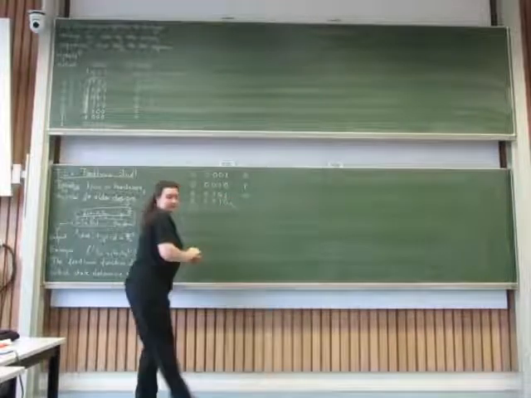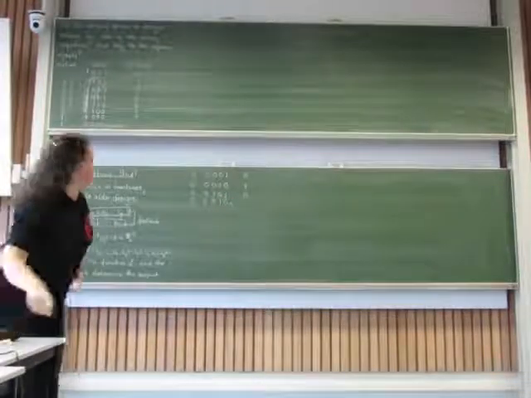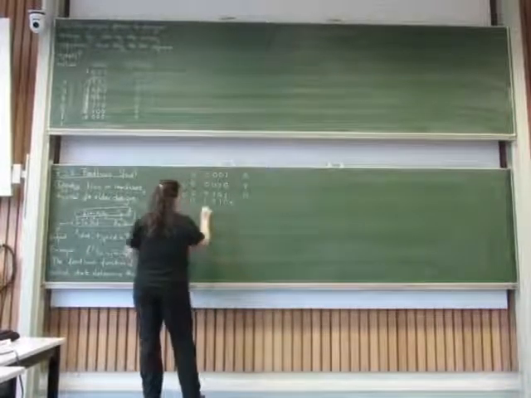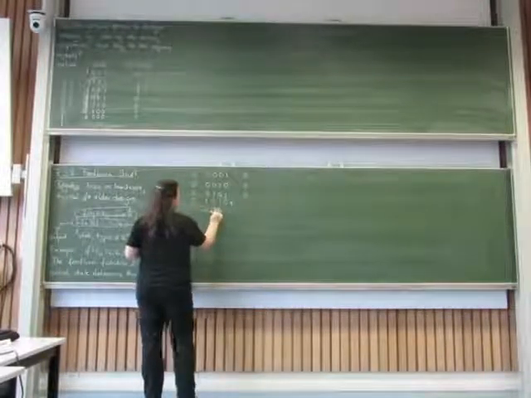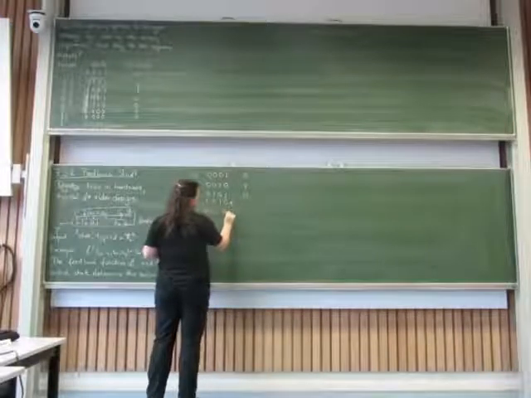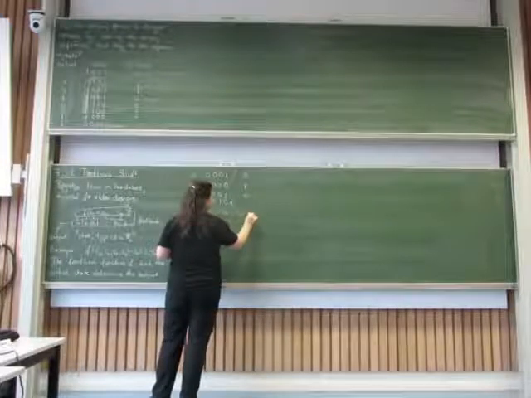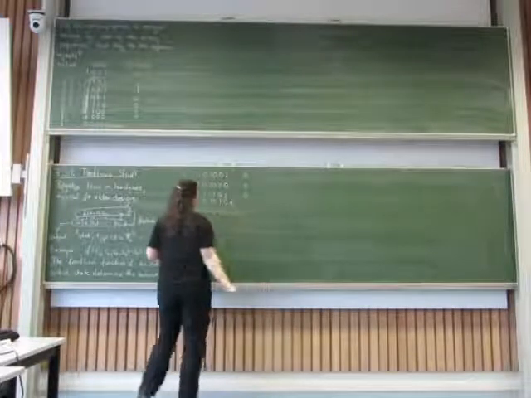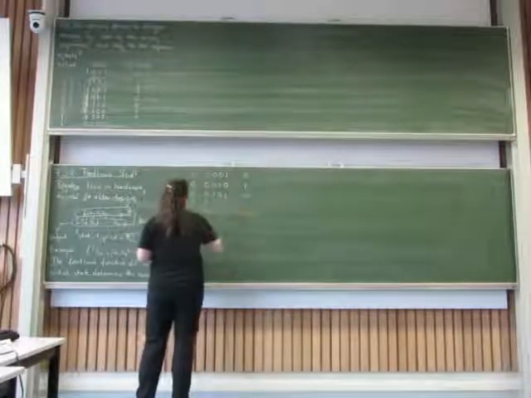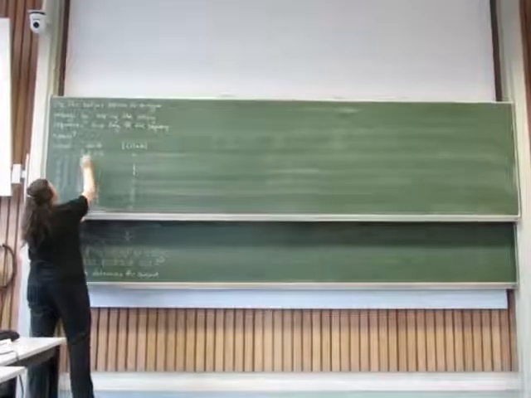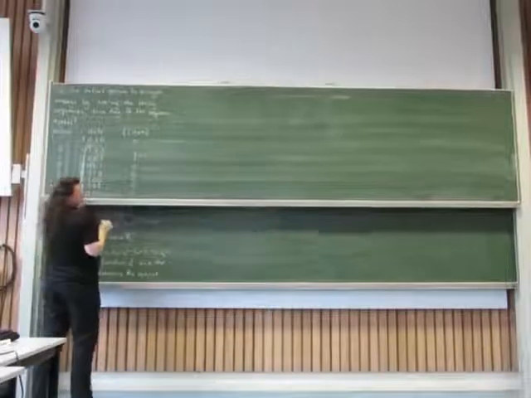And take note that this is the initial state. So here we have the 1, 0, 1, 0, which is the same as what we had up there.